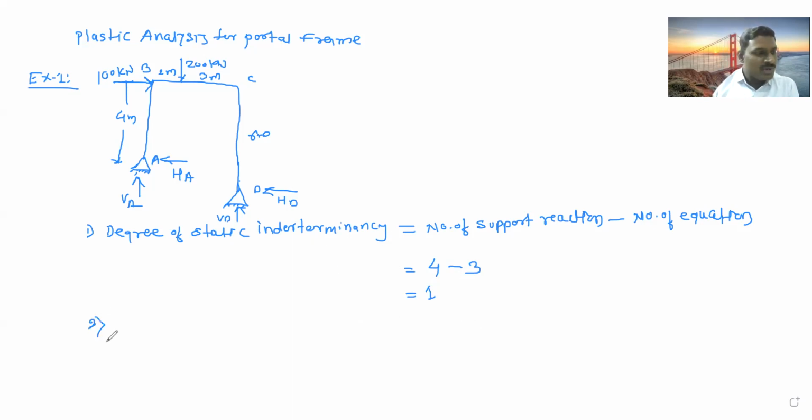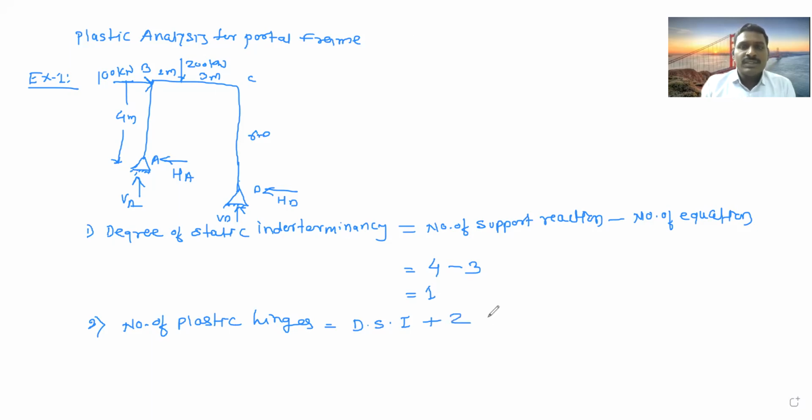Then second, we have to calculate the number of plastic hinges. The number of plastic hinges is the degree of static indeterminacy plus 2.